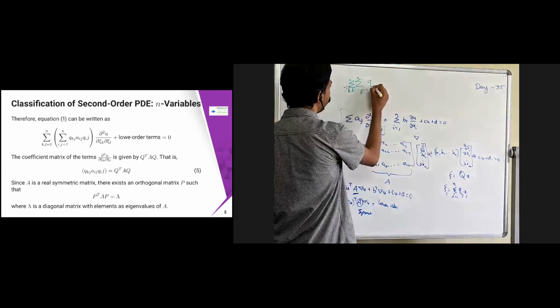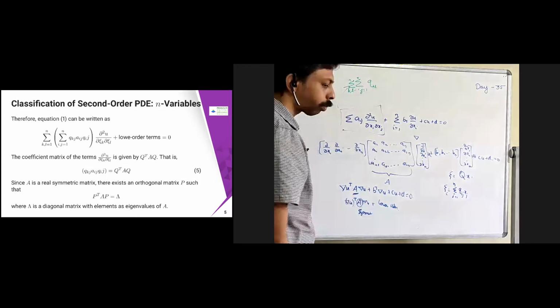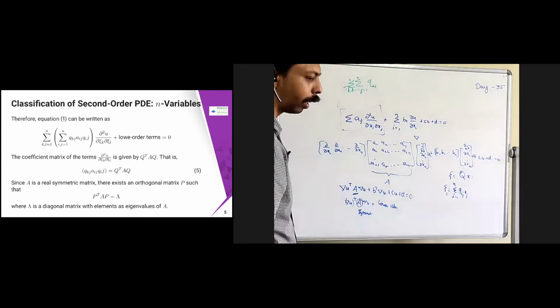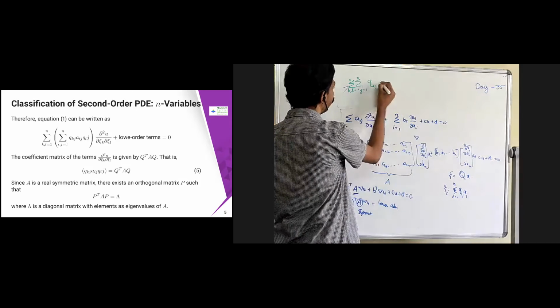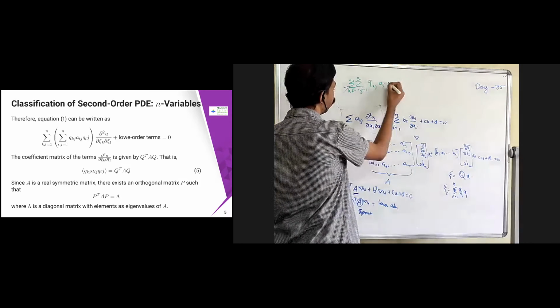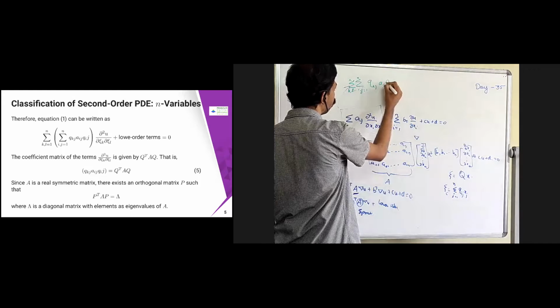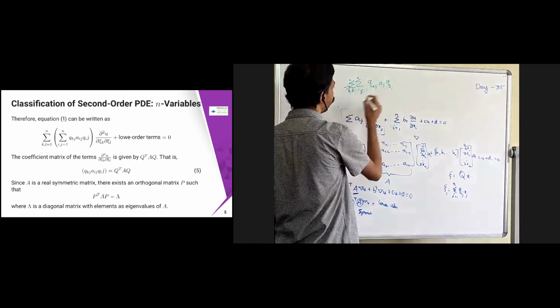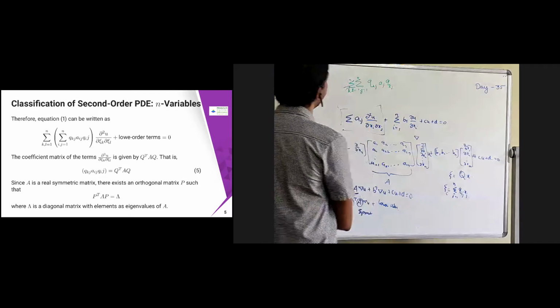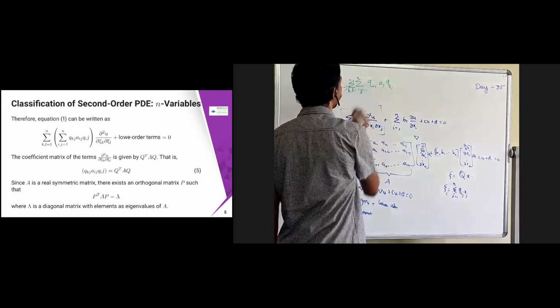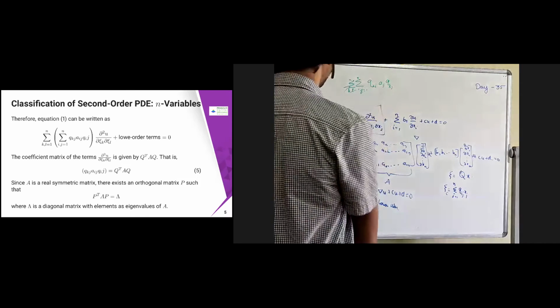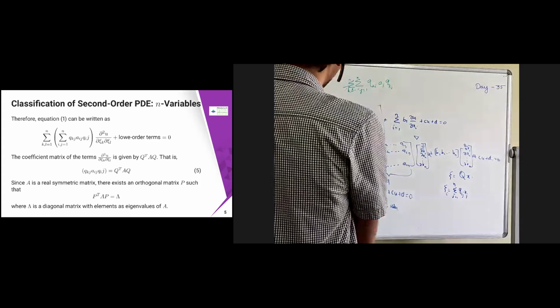So this is going to be q_ki, a_ij, and q_lj. This is going to be my transformation.